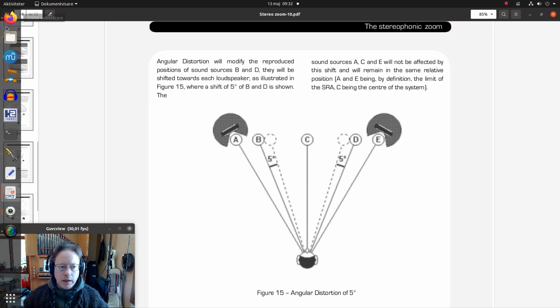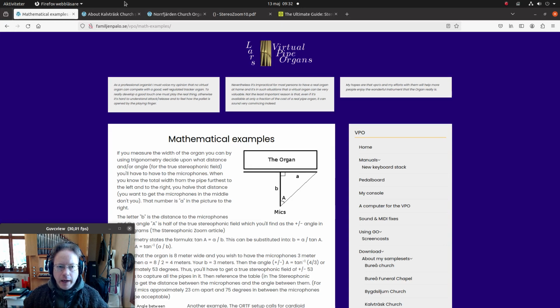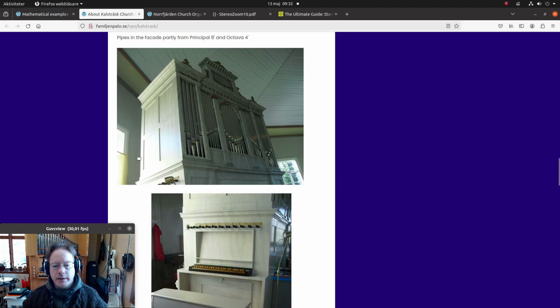An organ can be very different. And we are actually not sampling only one pipe, we are sampling the whole instrument, even if we are recording a pipe at a time. And depending on how this organ is, it will be either difficult to achieve a proper stereo image, or it will be easy.